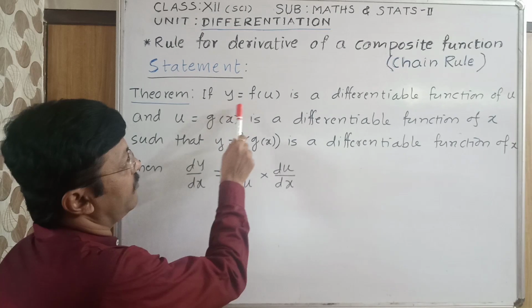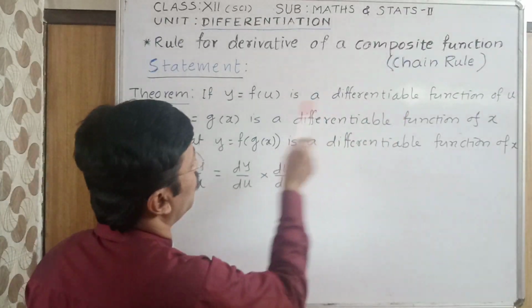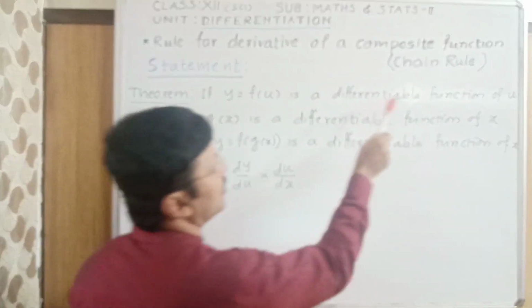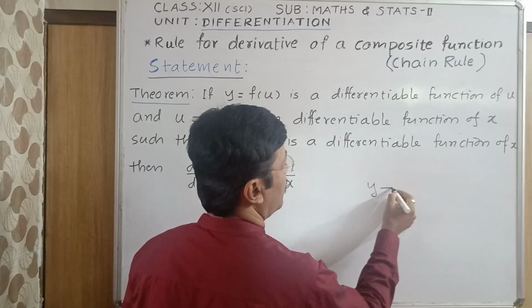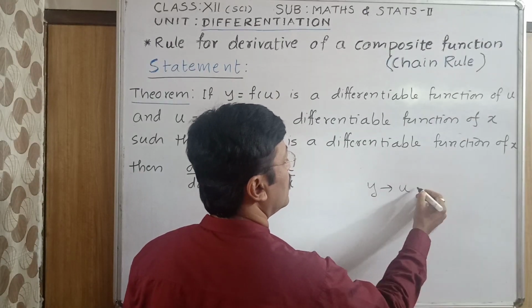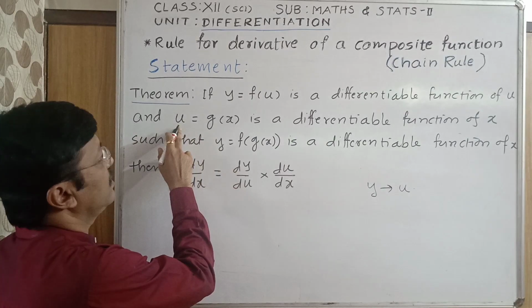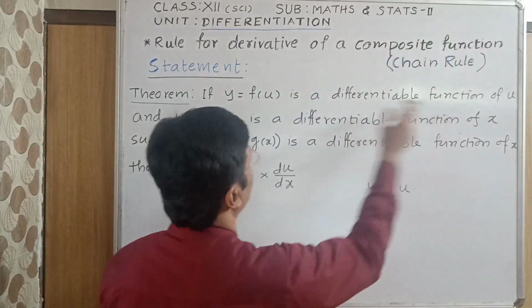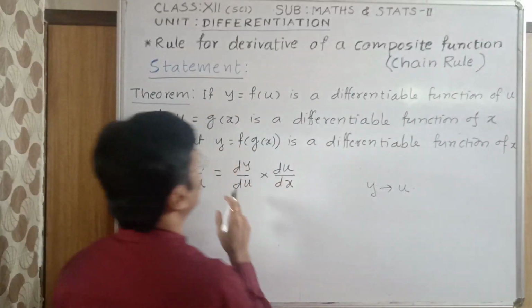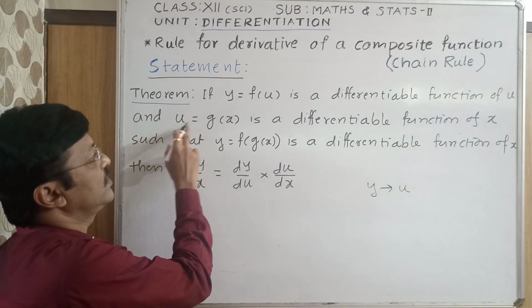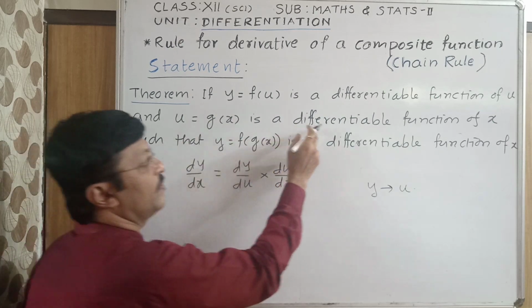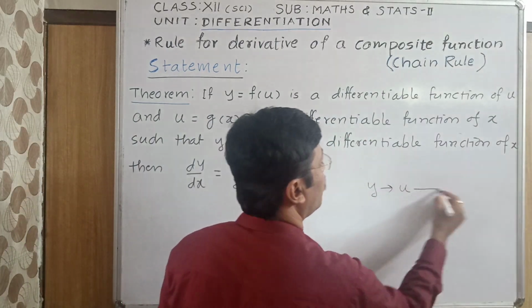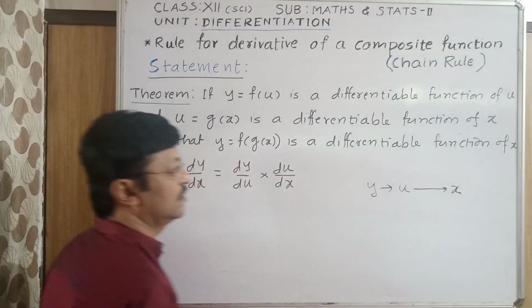If y is a differentiable function of u, y is equal to f of u, is a differentiable function of u, then you are stating that u is a differentiable function of x. U is equal to g of x is a differentiable function of x.